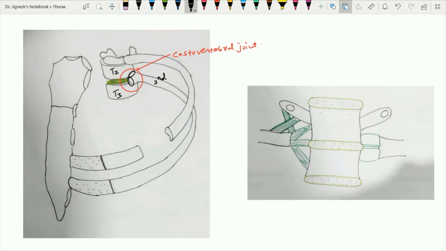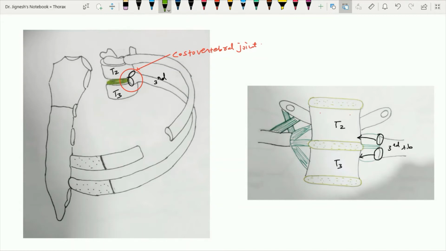So when we magnify this image and see the ligaments within the costovertebral joint, suppose this is the third rib, then this is the T2 vertebra and this one is the T3 vertebra, where the upper smaller articular facet on the head of the third rib articulates with the T2 vertebra, while the lower larger articular facet on the head of the rib articulates with the corresponding numerical T3 vertebra.